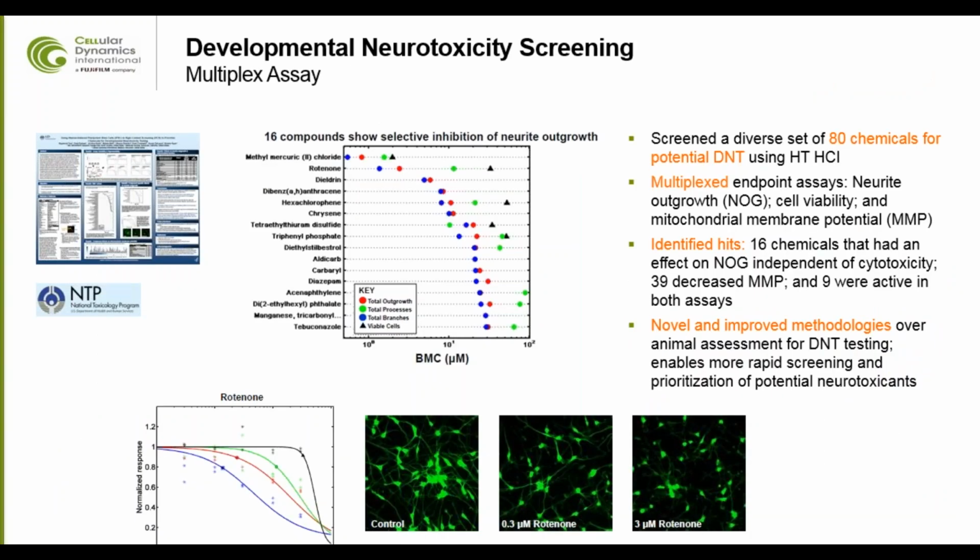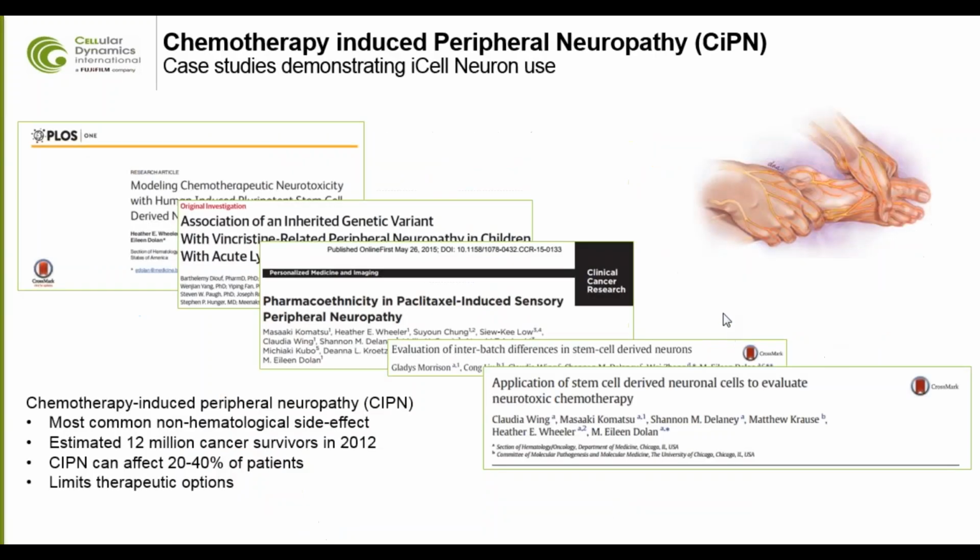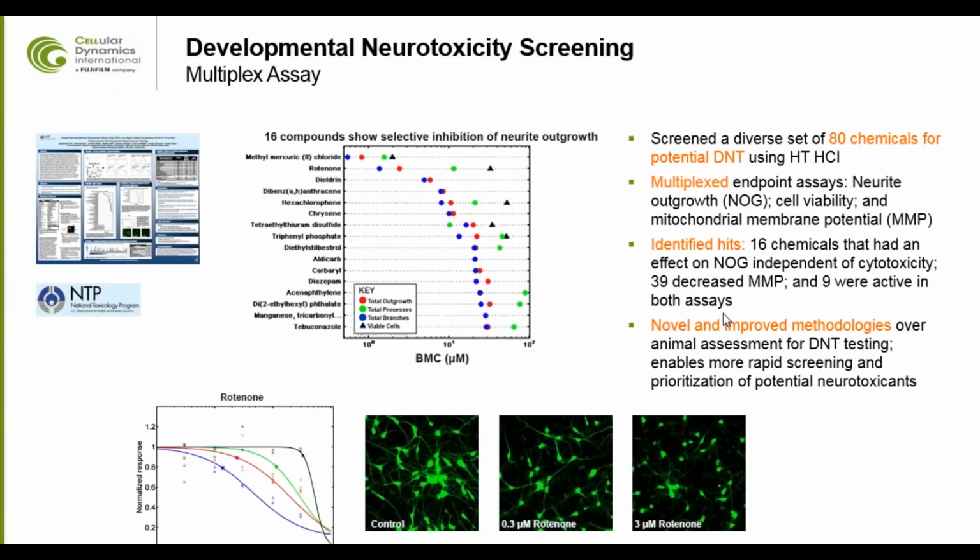Investigators at the National Toxicology Program in the United States went ahead and ended up multiplexing additional assays on top of this neurite outgrowth. So here they looked at neurite outgrowth, viability, as well as mitochondrial effects, as a way for novel assessment of developmental neurotoxicity.